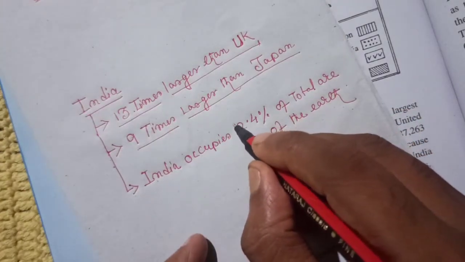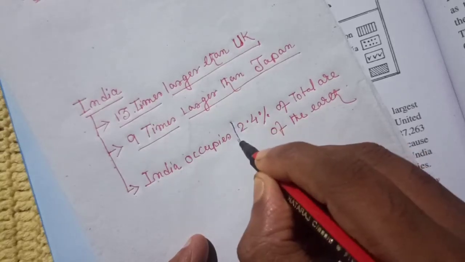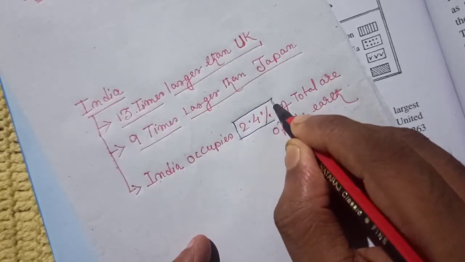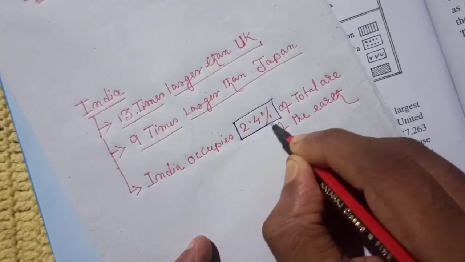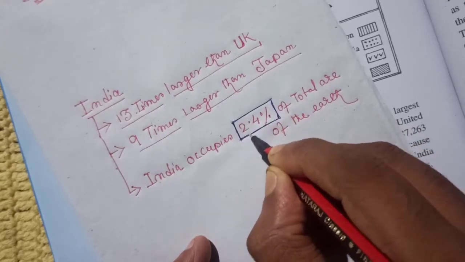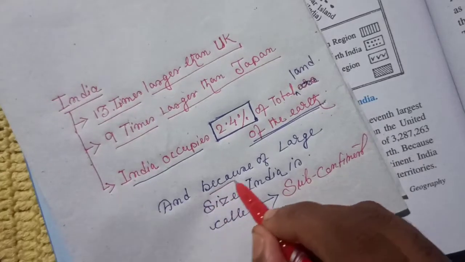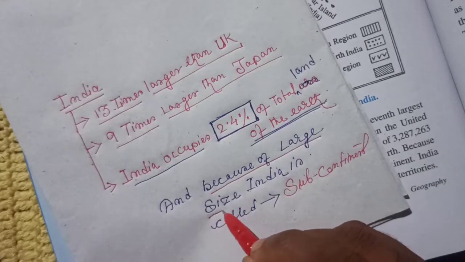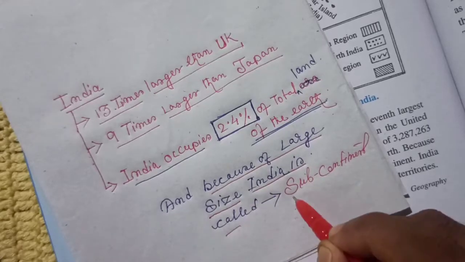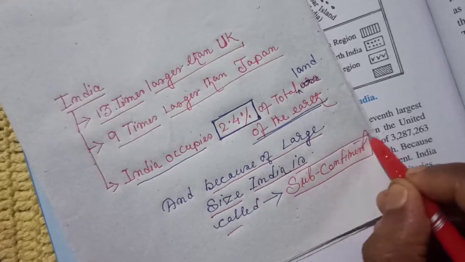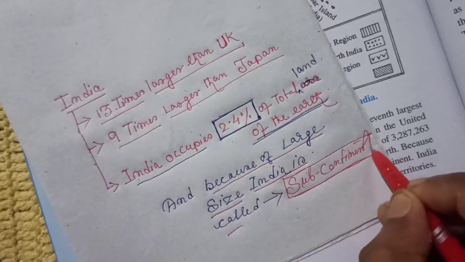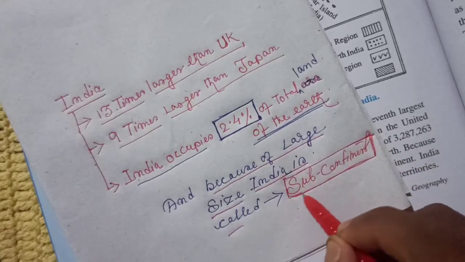Out of the total land area of the earth, India covers 2.4%. Because of its large size, India is called a subcontinent, meaning smaller than a continent. Almost a continent, but not a full-size continent, so a subcontinent.